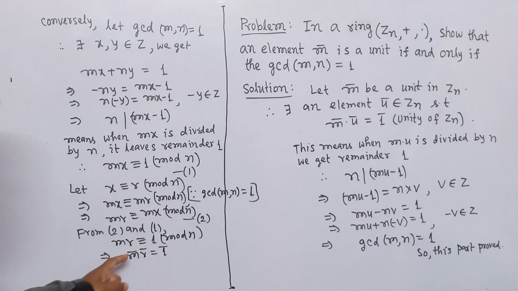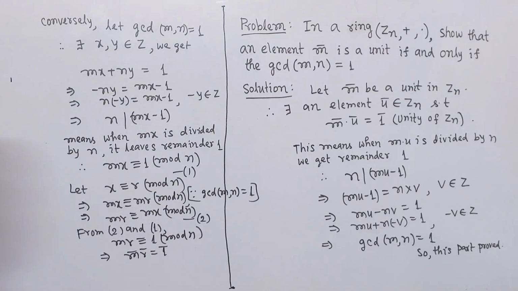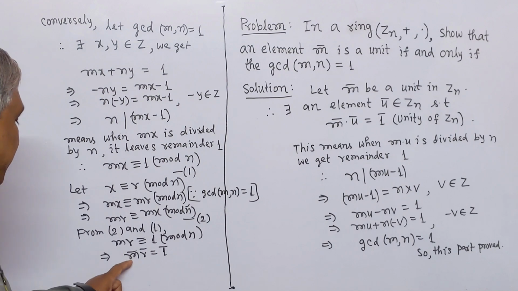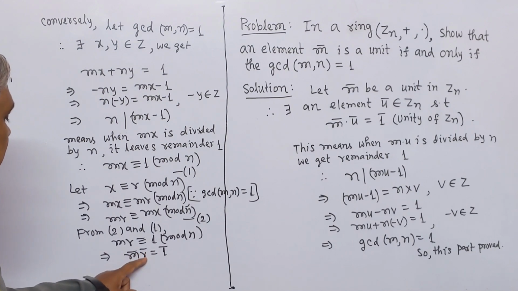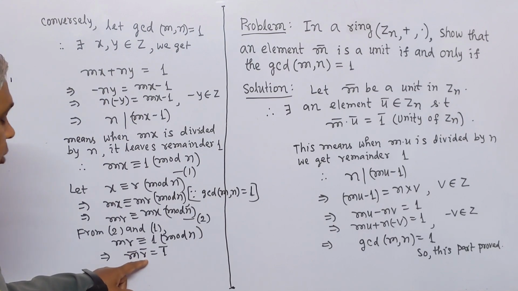This means when mr is divided by n, it leaves remainder 1. That means the product of m bar and r bar, which are elements of Zn, will be equal to 1 bar.